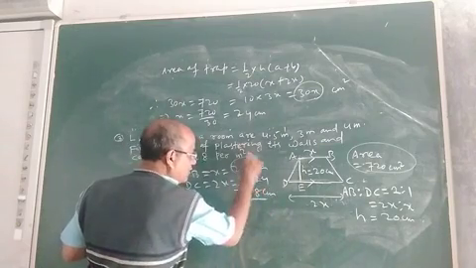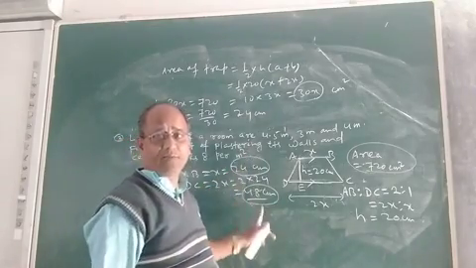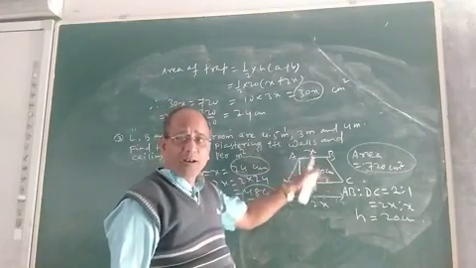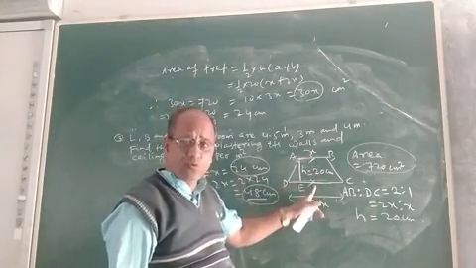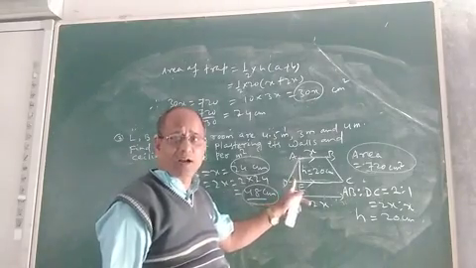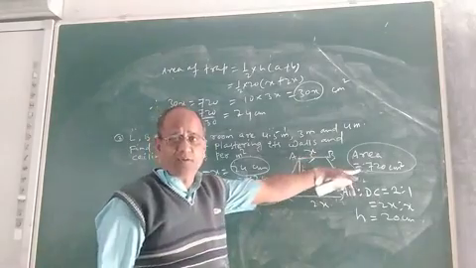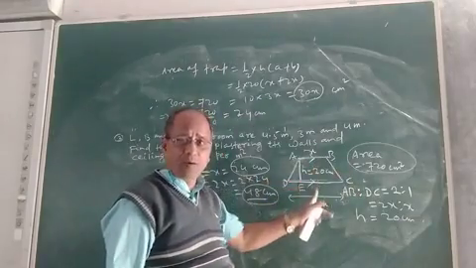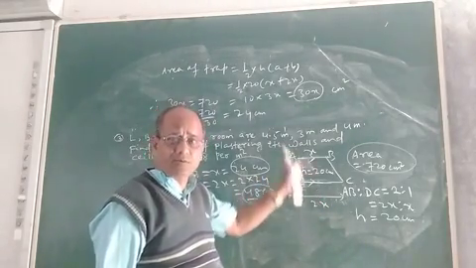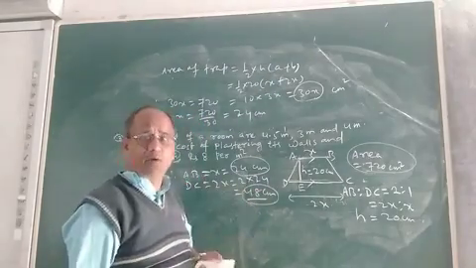So the two parallel sides will be of length 24 centimeter and 48 centimeter if the two parallel sides are in the ratio 2:1 and the distance between the parallel sides is 20 centimeter, and if the area of the trapezium is 720 square centimeter. Then the length of the two parallel sides will be 24 cm and 48 cm.